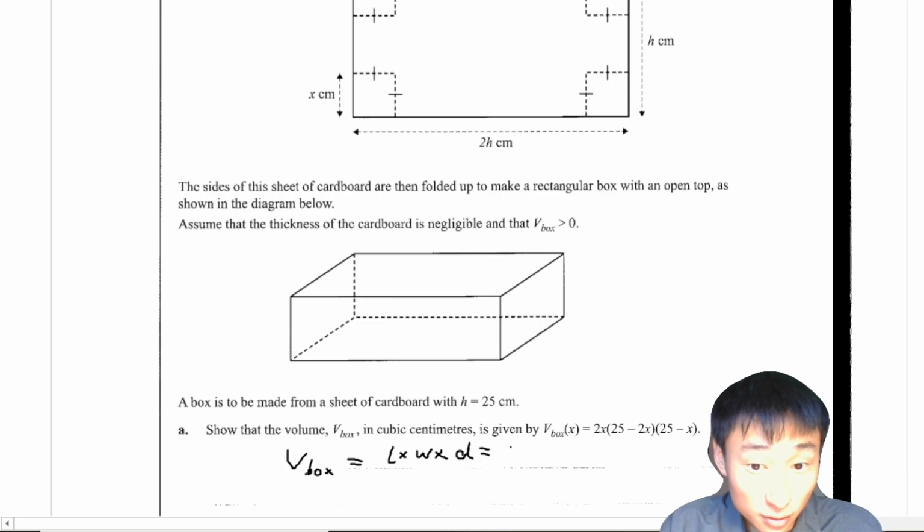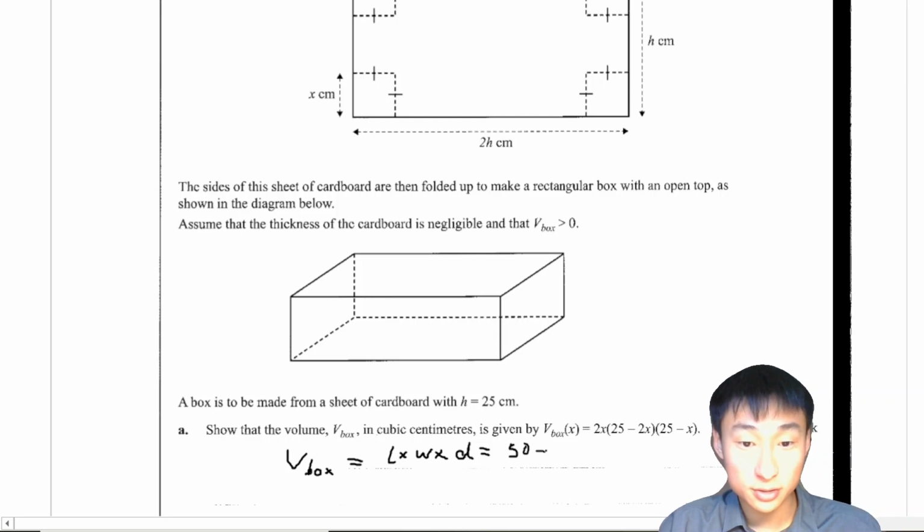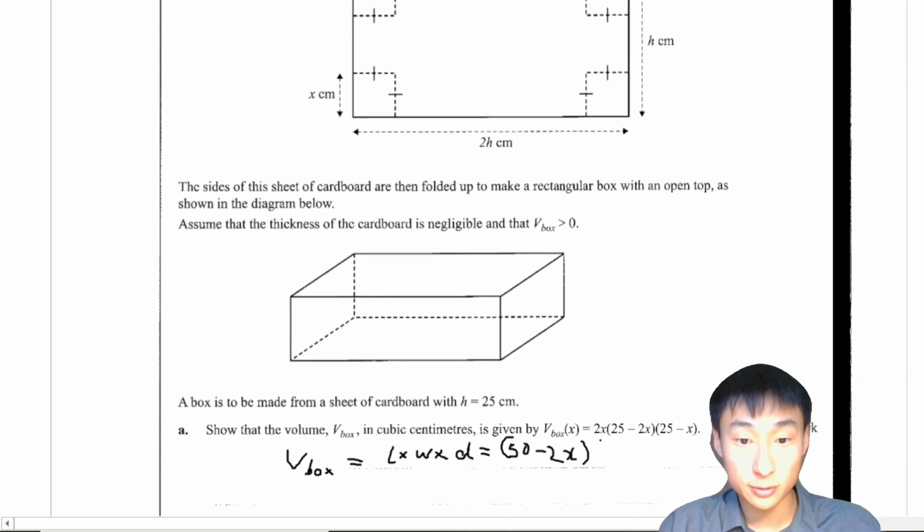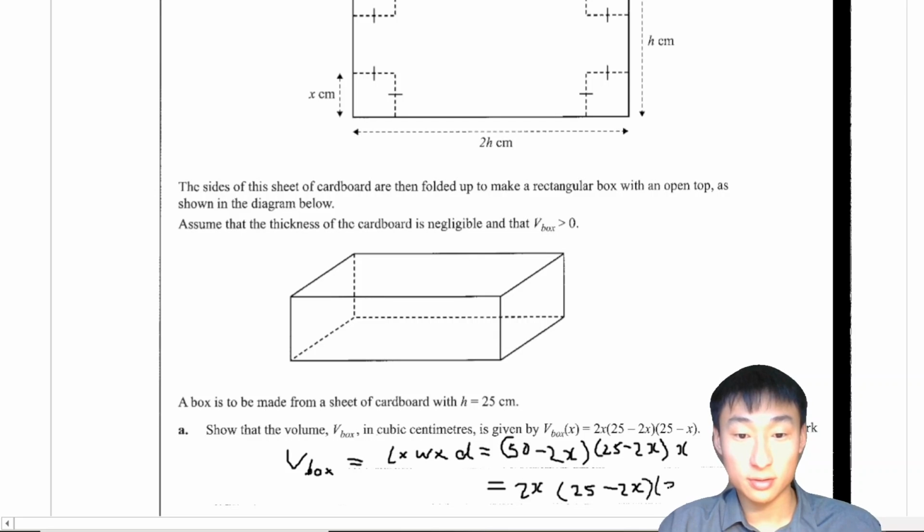Yeah, 50 minus 2x. That's the length. The width in this case, h is 25, so that's 25 minus 2x, times the height, which is x. And then you can just factorize the 2 out, so you get 2x(25 minus 2x)(25 minus x). Great.